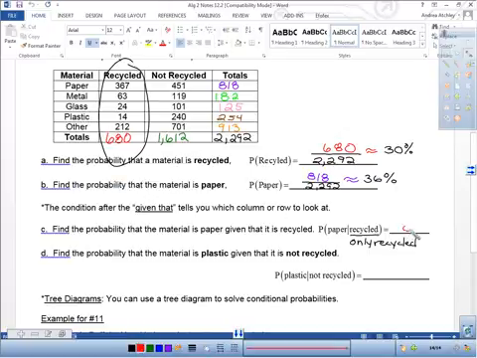So our total is 680. And then in that column, we're looking for paper, which is this right here, the 367. Then we divide that, and what do we get? 66%. So mostly paper is recycled, is what that tells me.